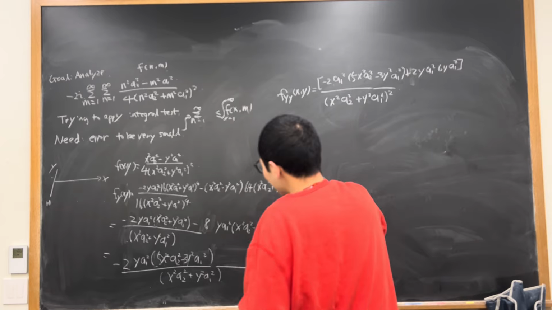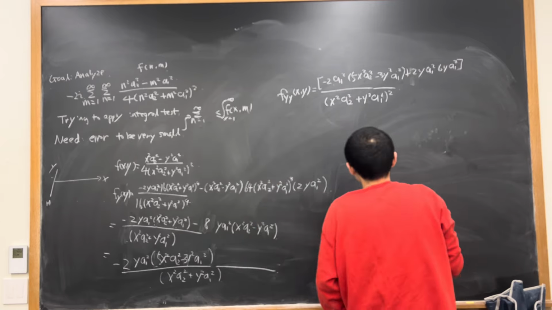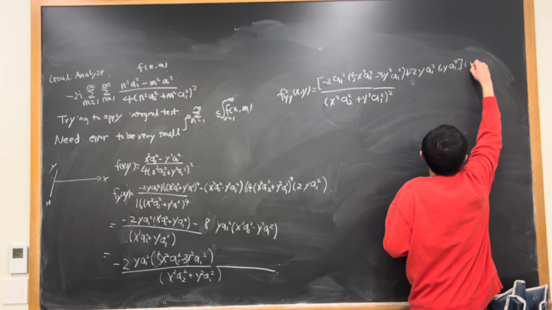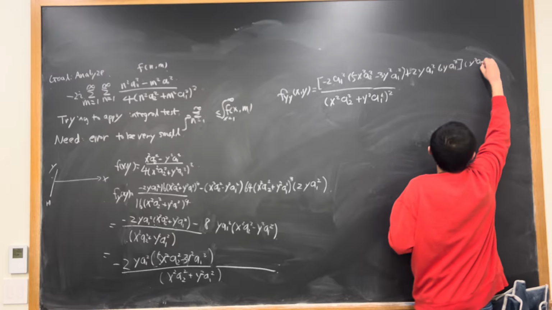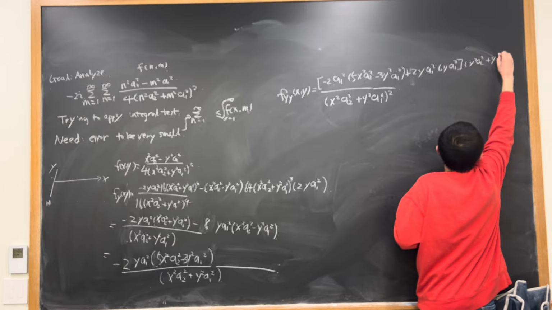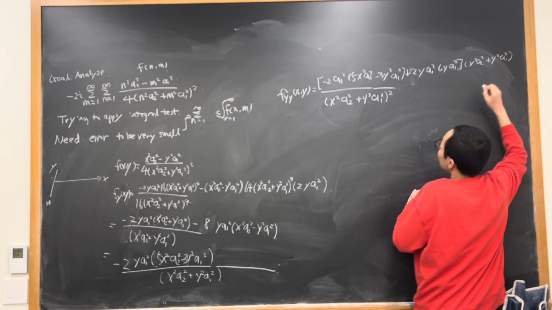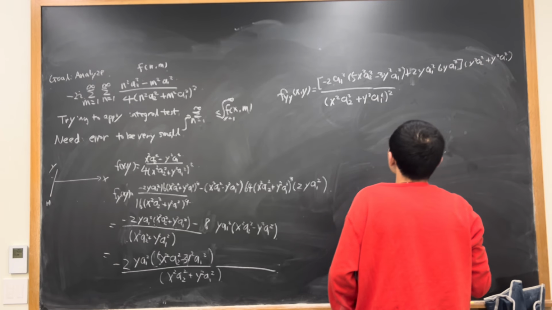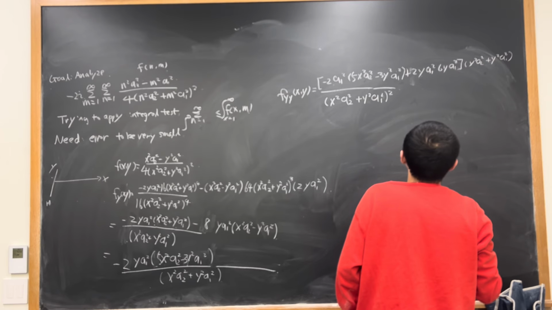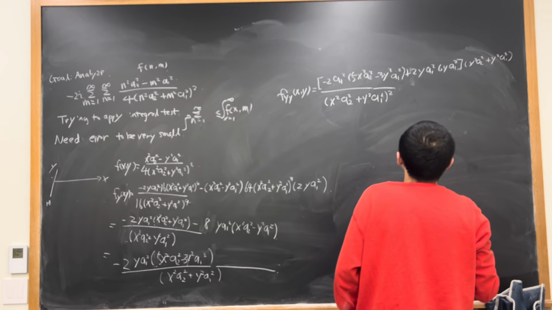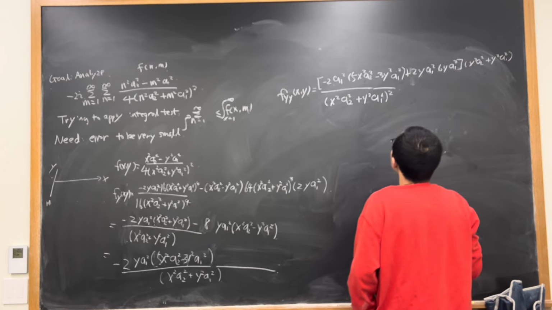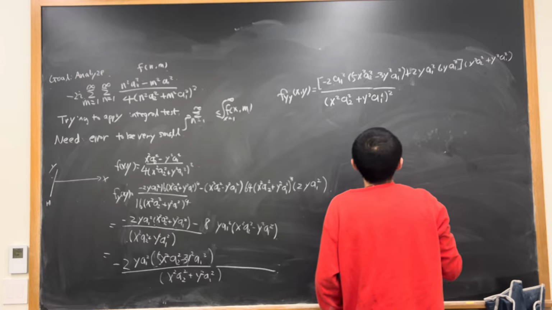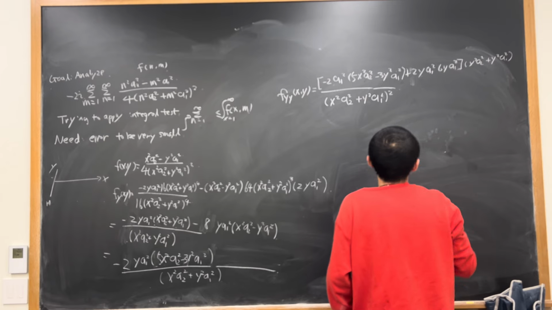So this one multiplied by the bottom one: x squared a2 squared plus y squared a1 squared. And then minus.